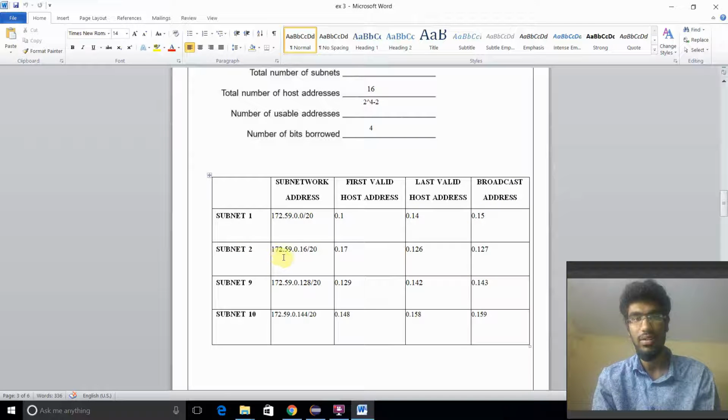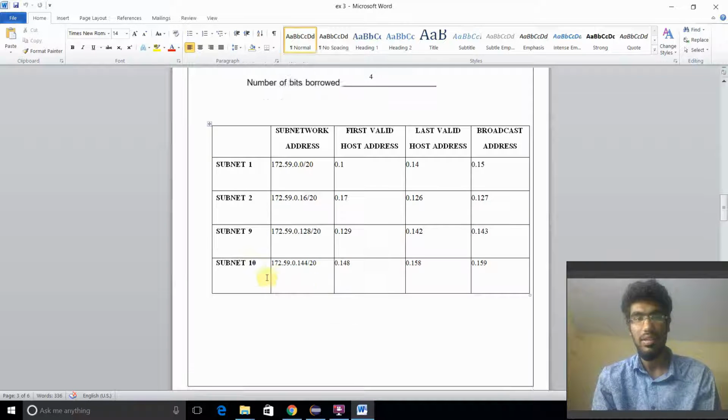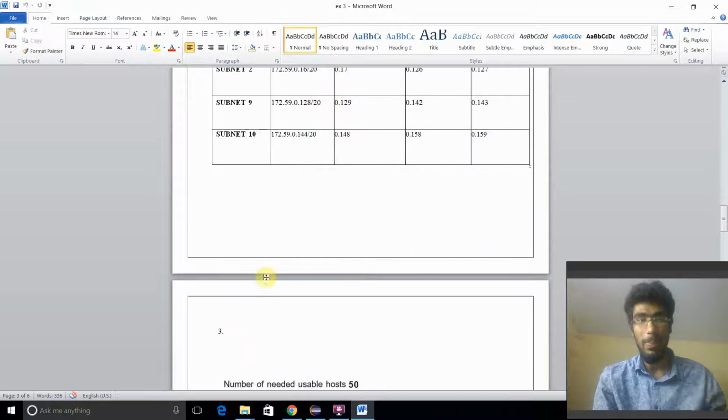For subnet 2, the subnetwork address is 172.59.0.16, the first valid host address is 0.17, the last host address is 0.126, and the broadcast address is 0.127. Likewise, we need to calculate up to subnet 10.